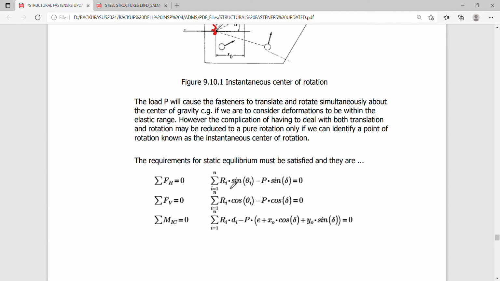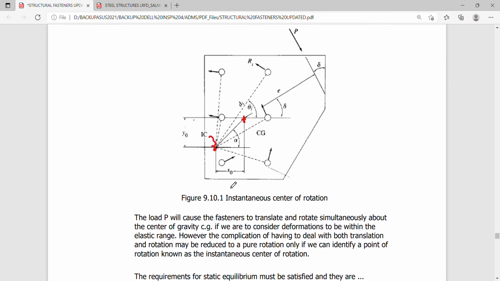So all horizontal components will be a function of the cosine of the angle. If we consider this as your sample fastener to represent the i index for this resistance, therefore your angle to be considered in that regard will be theta i.